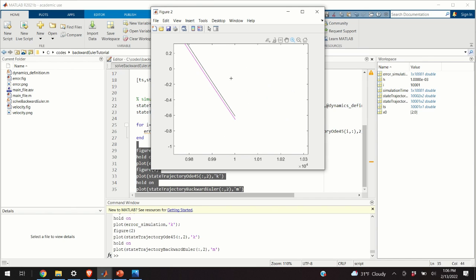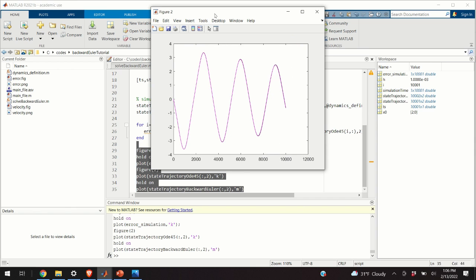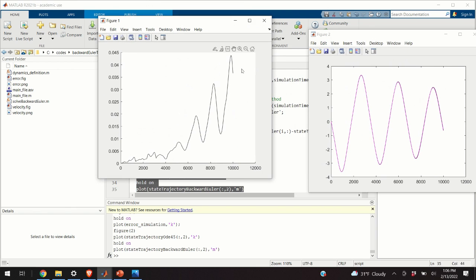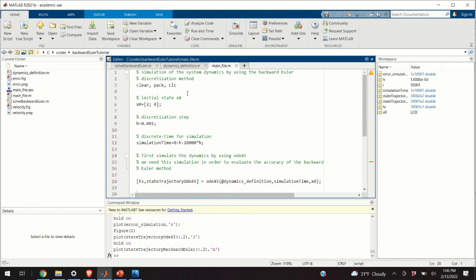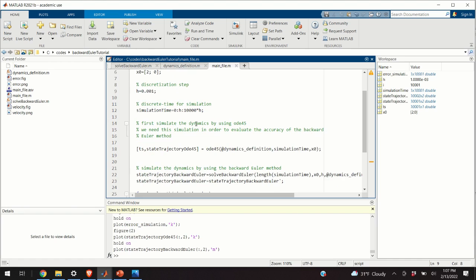We can see that we still have a relatively good match, and the error increases over time. We can decrease this error, for example, by decreasing the discretization step. However, if we decrease the discretization step, we need to increase the discretization time.